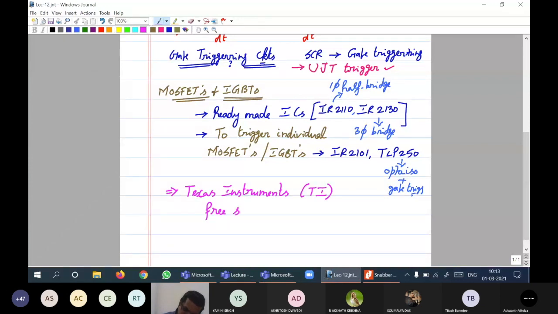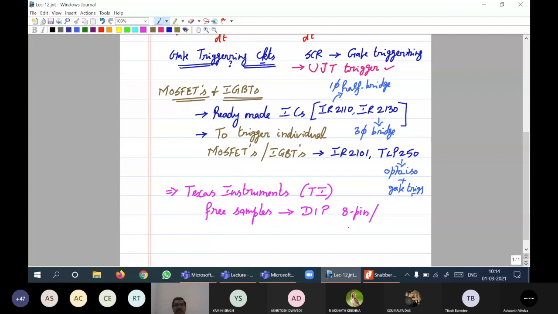And remember, when you order free samples, you take up DIP package, dual inline package, so that the IC will be available in the form of 8-pin or 16-pin DIP package. I hope you know what a DIP is. It will be like 4 pins arranged in 2 lines so that you can insert it in a breadboard.